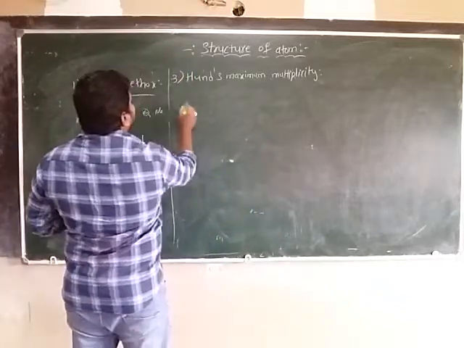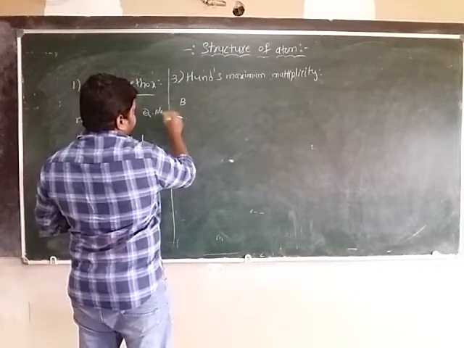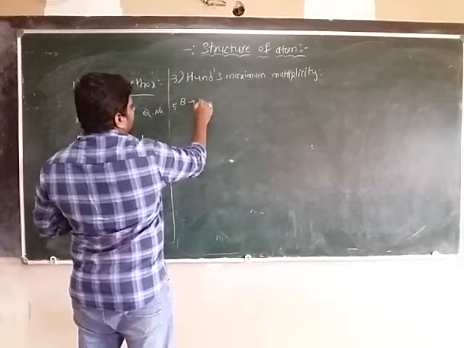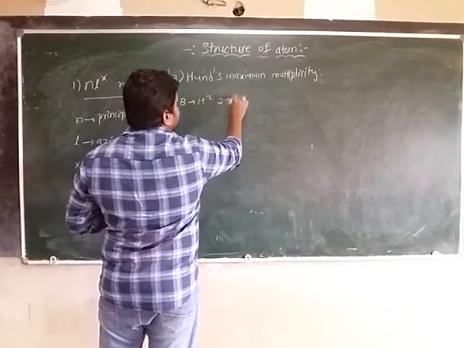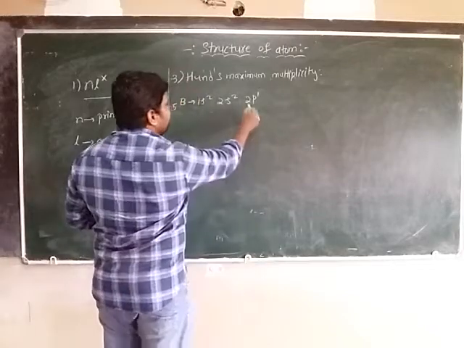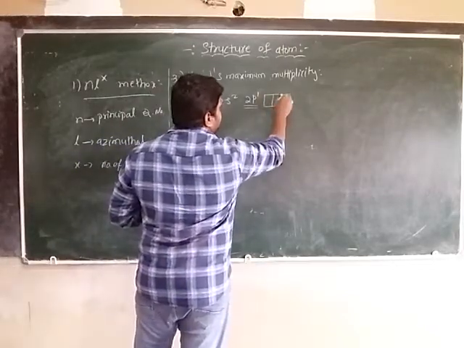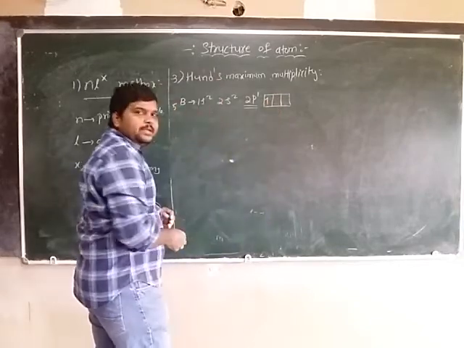For example, take boron 5, 1s2, 2s2, 2p1. I am writing only the orbital diagram for the 2p, px, py, pz.